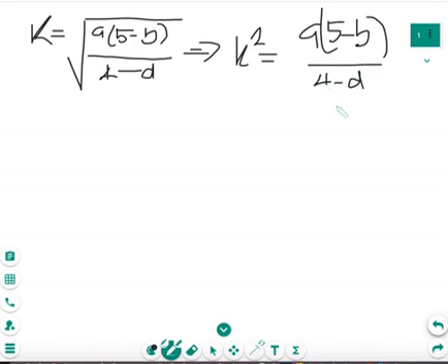So now you don't know what to do. You need this 4 minus d. There are so many ways to do it.